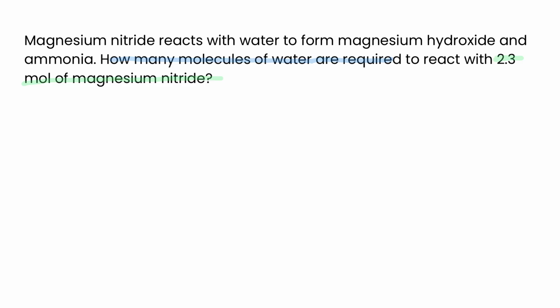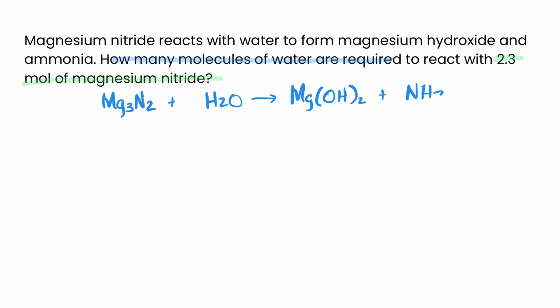All right, now that we've done that, we want to come up with a balanced chemical equation. So let's start there. We've got magnesium nitride, Mg3N2, reacting with water, and it's forming magnesium hydroxide, Mg(OH)2, and ammonia, which is NH3.